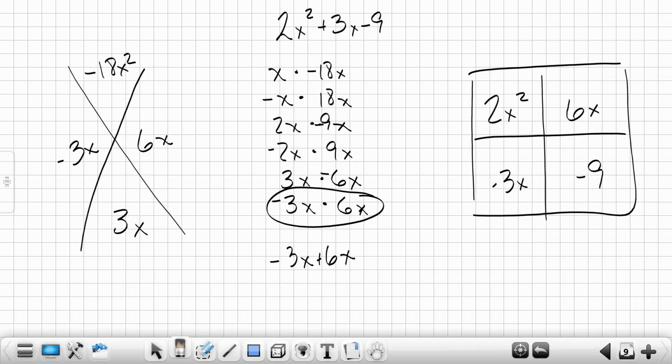Between 6x and 9, what 3? Between 2x squared and negative 3x, 1x. I could just put x. Between 2x squared and 6x, 2x. And between negative 3 and negative 9, negative 3. There we go. We're done. The answer would be x plus 3.